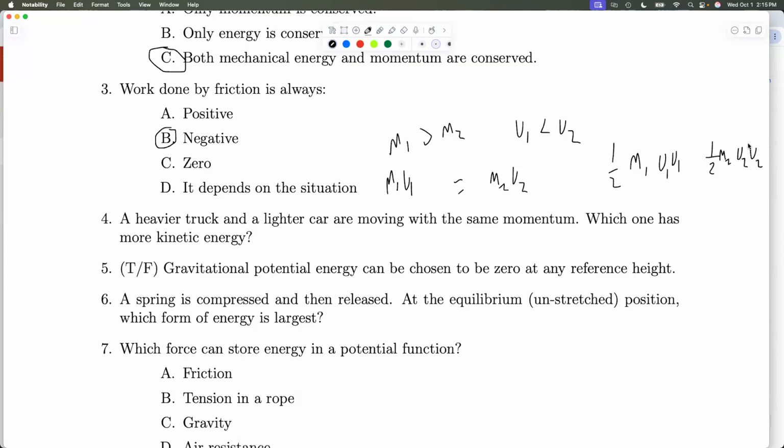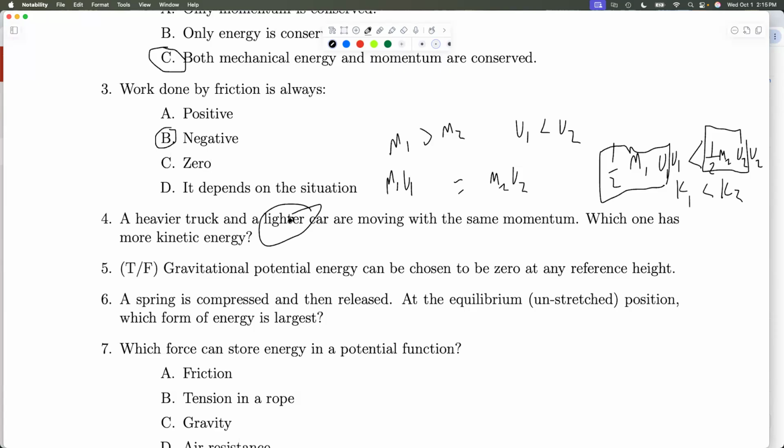So this quantity must be bigger than this quantity, because this much was the same on both sides. V2 is bigger than V1, so kinetic energy 2 must be bigger than kinetic energy 1. So the lighter car would have more kinetic energy. That one was kind of tricky.